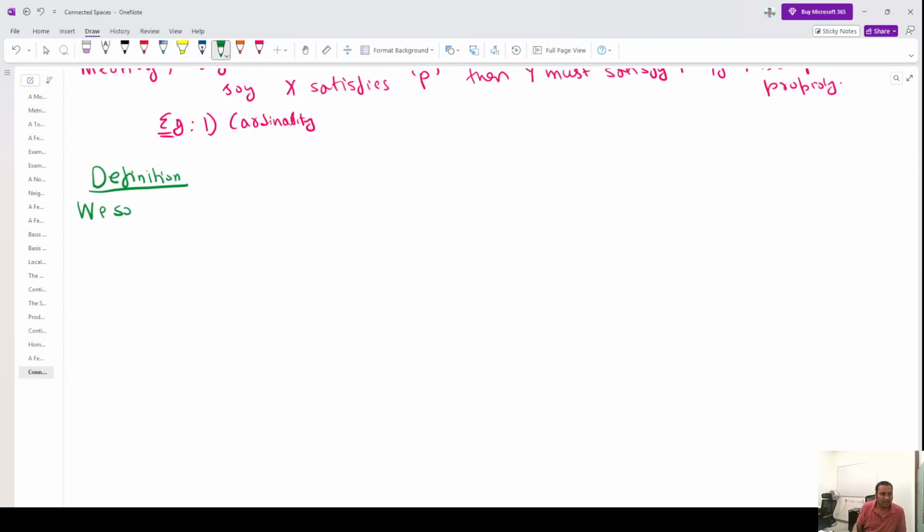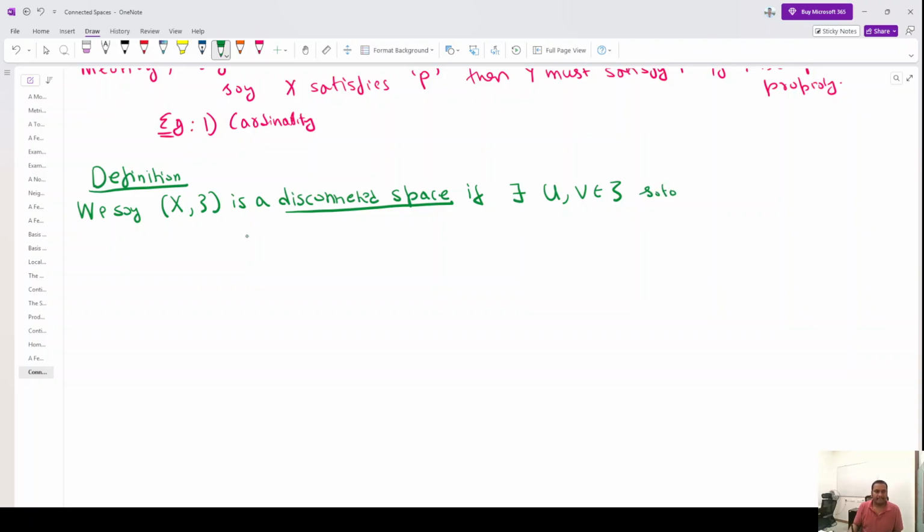We say X along with tau is a disconnected space if there exist U, V in tau, meaning open sets, such that number one, U intersection V is empty, they are disjoint. Number two, their union is X, right?